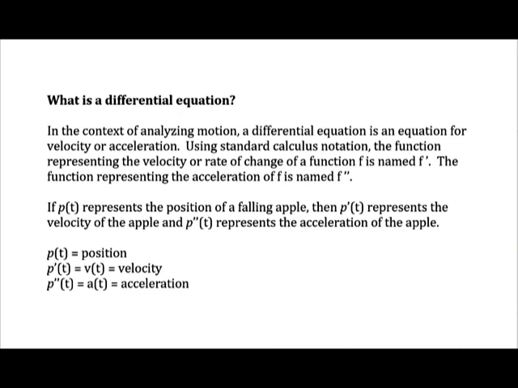The function representing the acceleration of f is named f double prime. So if the system to be analyzed is a falling apple and its position is represented by the function p of t, the function representing its velocity will be named p prime of t, and the function representing its acceleration will be named p double prime of t.